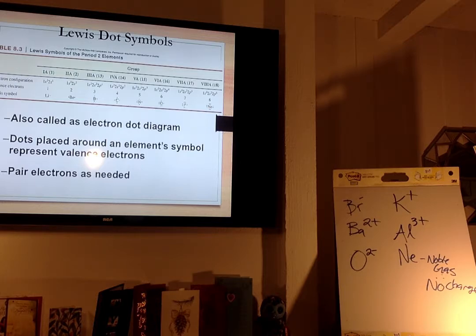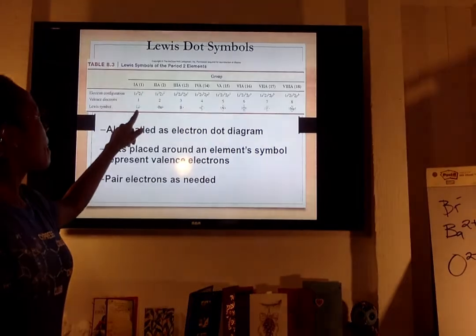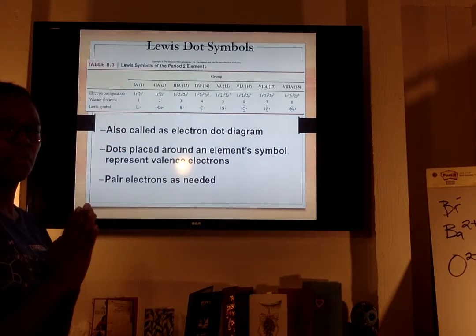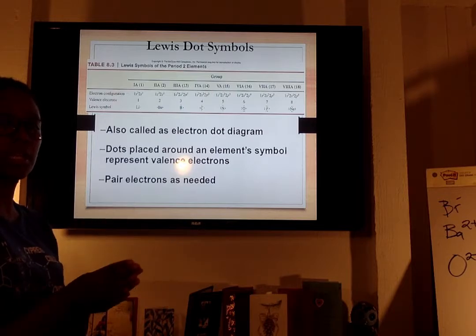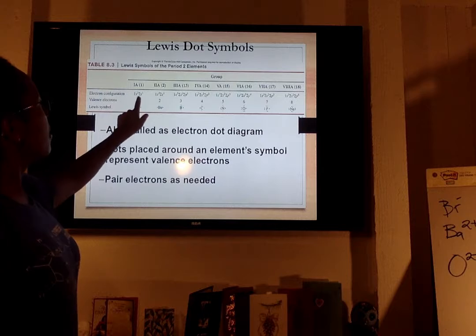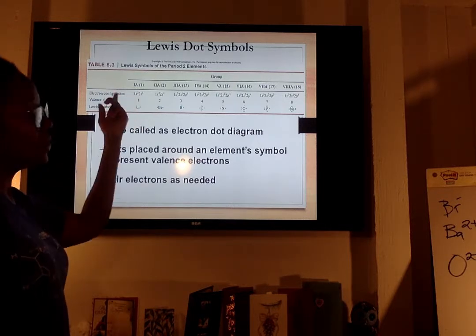Pair electrons as needed. So when you look at lithium, right, remember how you have to figure out what the outermost shell is. In order to figure that out, what is the highest number in this electron configuration? 2, right?